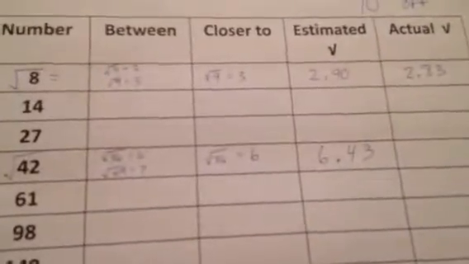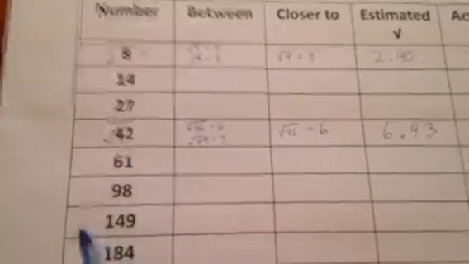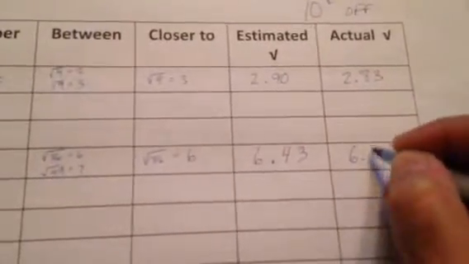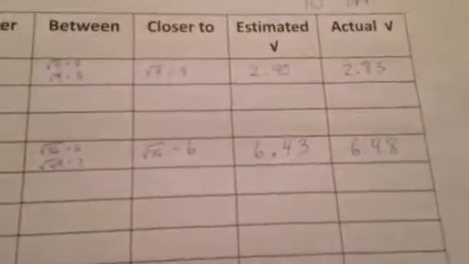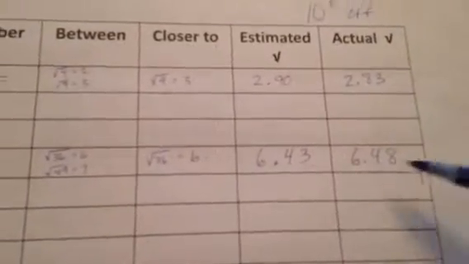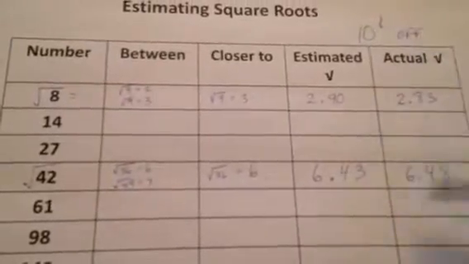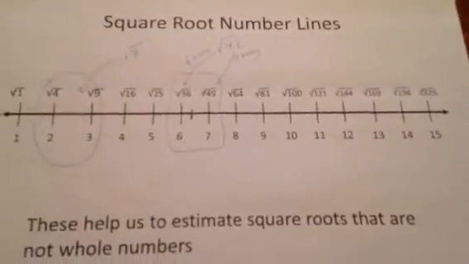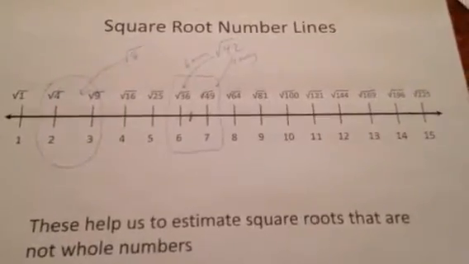So $6.43 is my estimate. I go on my calculator to figure out the exact square root of 42, and it's 6.48. So that is a good guess. I'm 5 cents off. Again, you want to be at most 10 cents off. And this is why we use our square root number line: to estimate all the square roots that are in between.